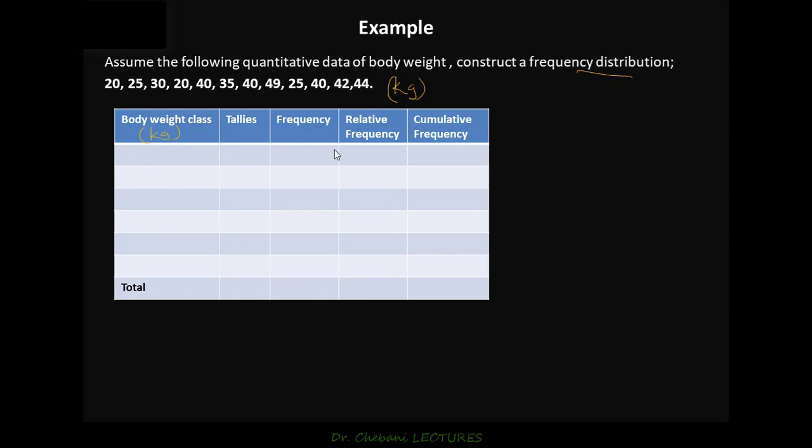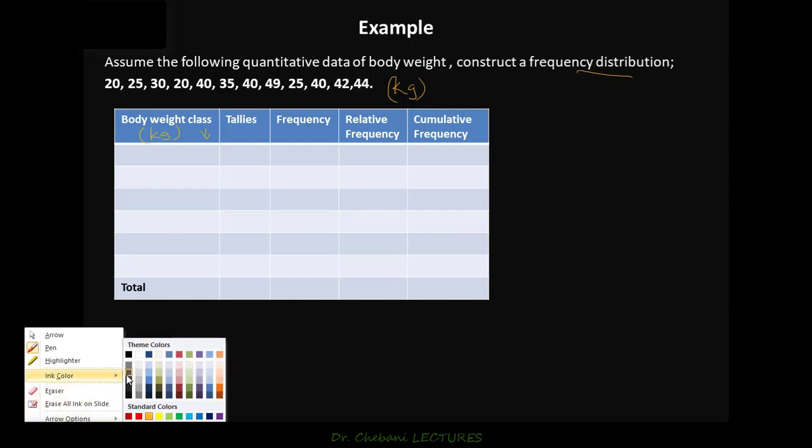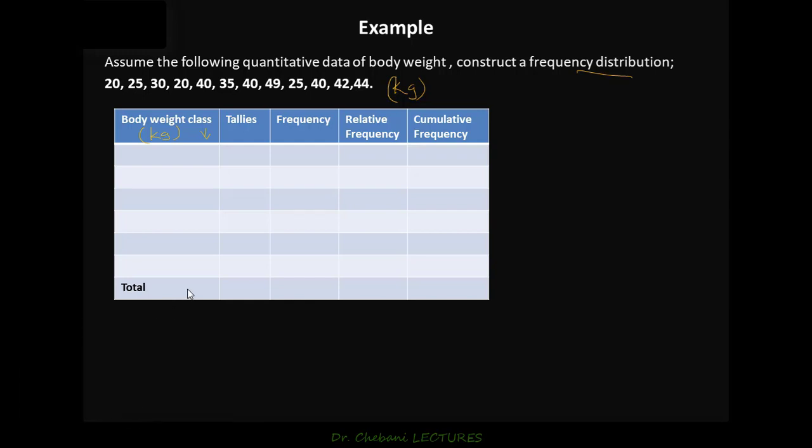This is how the frequency distribution would look. We'd have our classes here, and then we have our tallies, our tally marks, frequency, relative frequency, and then the cumulative frequency. By doing this, we have a complete frequency distribution table that we can then use to construct graphs if we so desire.